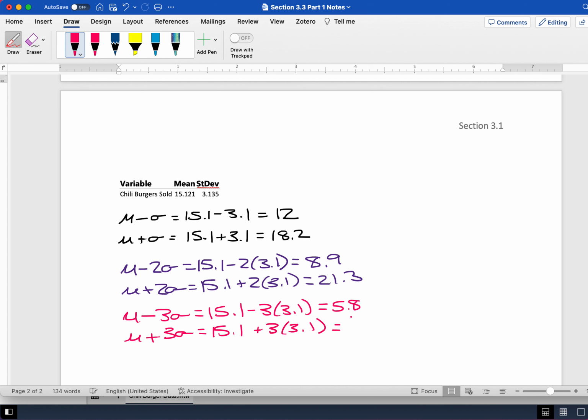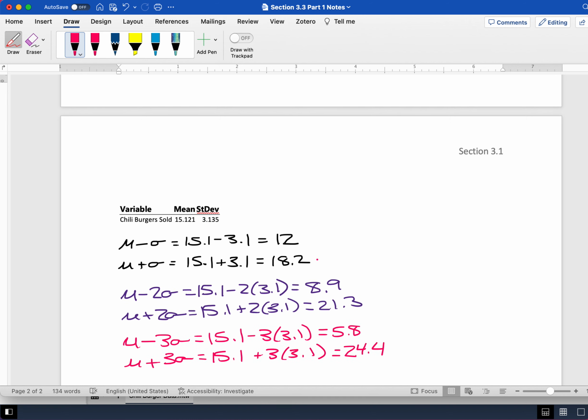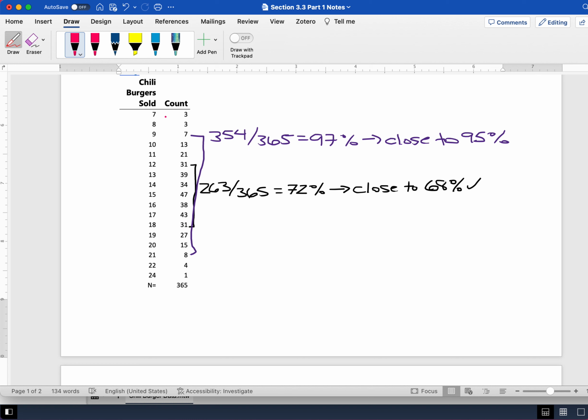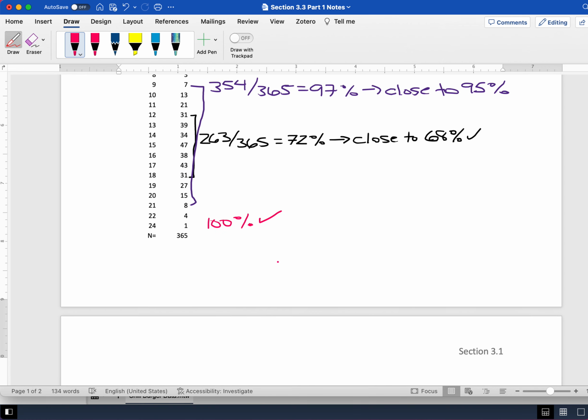Again, do these on a calculator, that's 24.4. So our question now is how much of the data falls between 5.8 and 24.4? Well, if I go back up and look, I don't have anything less than 5.8 because my smallest number is 7. I don't have anything greater than 24.4 because my greatest number is 24. So that means all of the data, 100% of the data, is within 3 standard deviations of the mean. And so that is checked. That one is good.